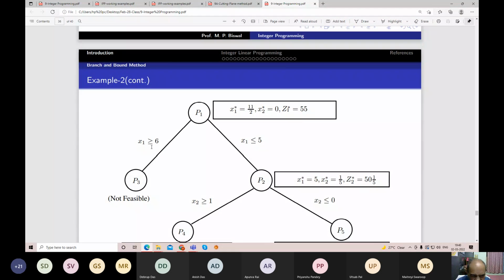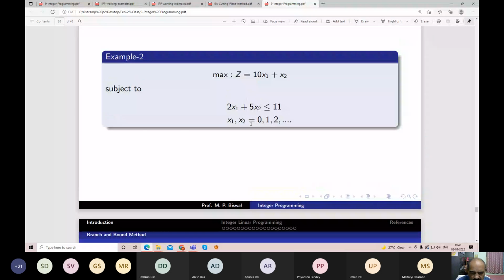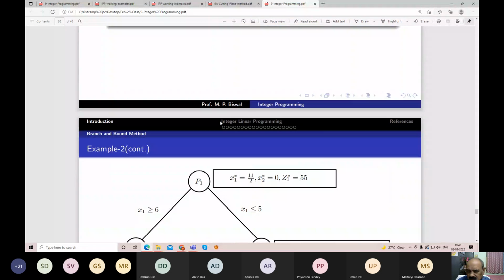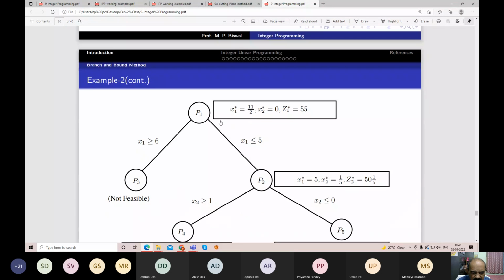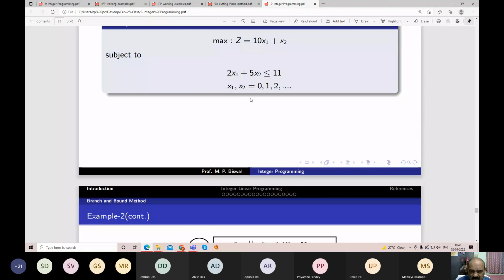If you impose x1 greater than or equal to 6, the problem is not feasible. In this problem, our P1, with the P2 constraint x1 greater than or equal to 6 added, will it be feasible or infeasible?